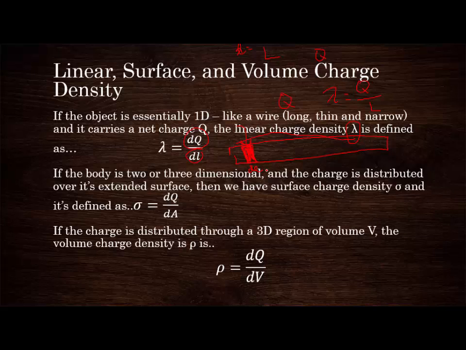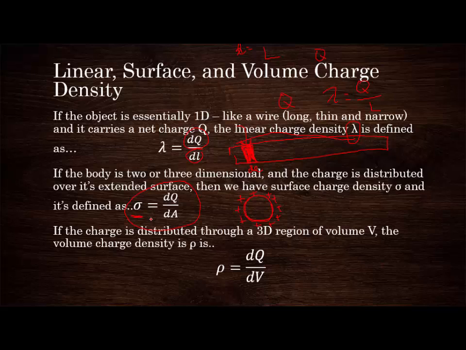If the surface is 2 or 3 dimensional, and the charge is distributed around its surface, we typically have this when we talk about spheres. In a lot of our problems we're going to have conducting spheres, hollow conducting spheres, and in those cases all of the charges sit on the outside. So we have to talk about how this charge is distributed on the area of the conductor, and this is a good way to do that.